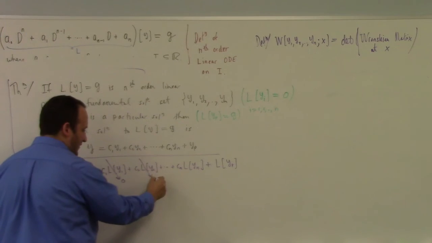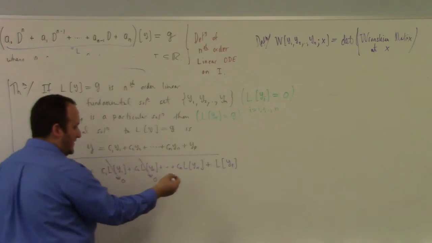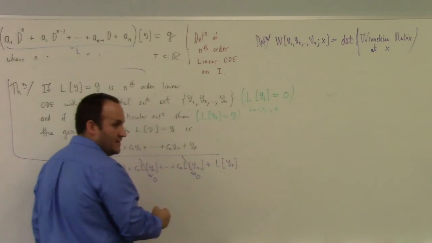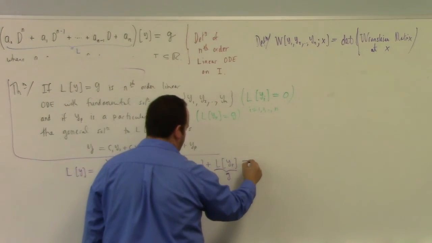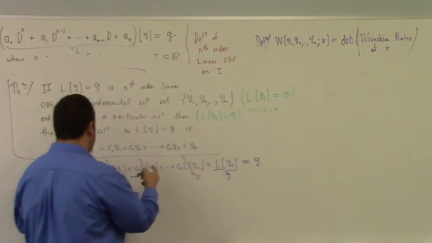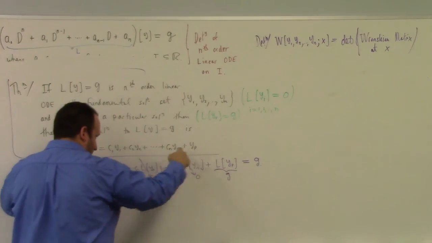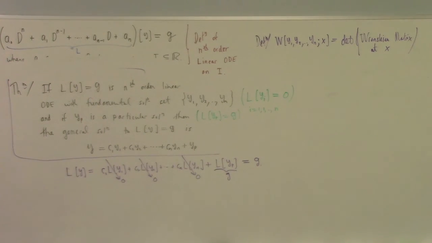Why are these 0? Because we assume they're solutions to the homogeneous problem, right? And then this guy is g. So in total, we get g, which shows you that this is in fact a solution to the differential equation. And it's the general solution. What we mean by that is that it includes all possible solutions by just selecting different choices of the constants.